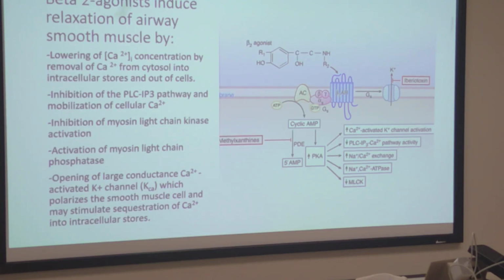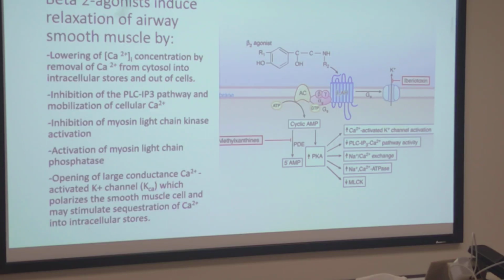Activation of myosin light chain phosphatase. Troponin and tropomyosin are the molecules which can trigger the contraction of the blood vessels or the bronchial vessels. So activating the myosin light chain phosphatase will contain the contraction and it will dilate.